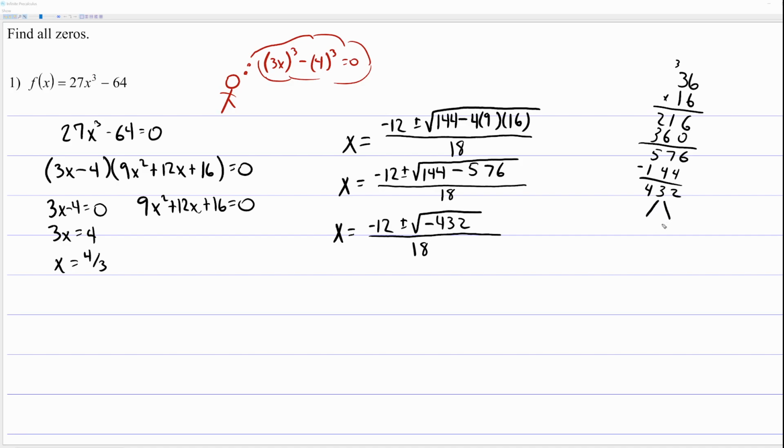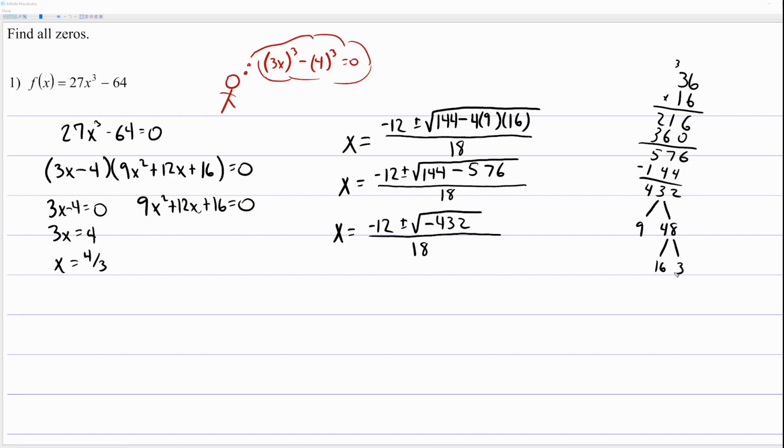So 432 is divisible by 9, and 9 goes into 432: 9 goes into 43 4 times with the remainder of 7. 72, 9 goes in 8 times. So that's 48.